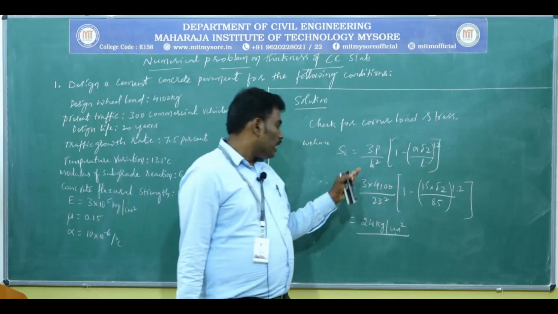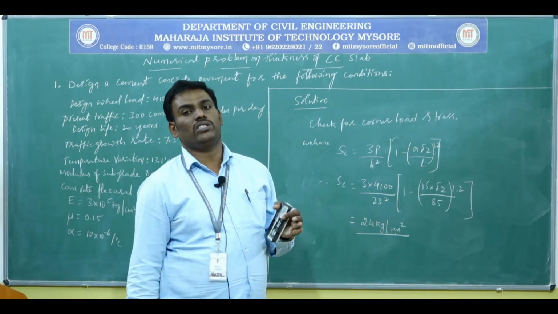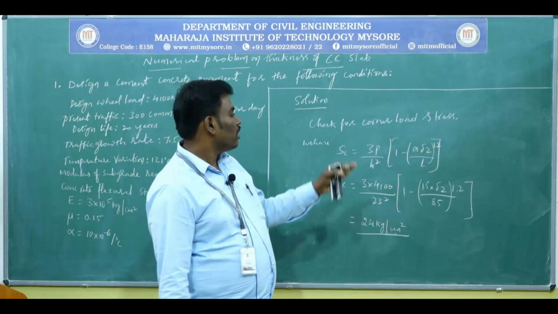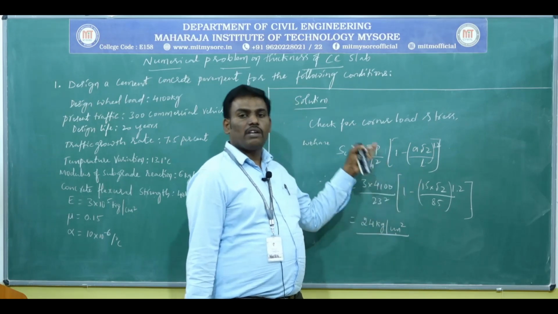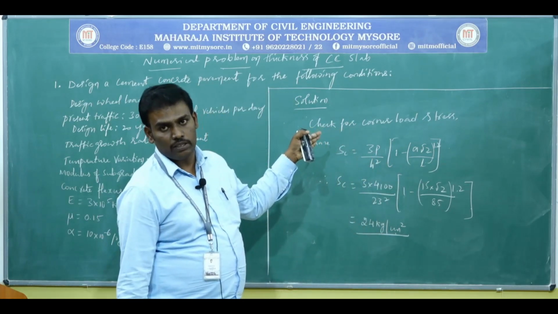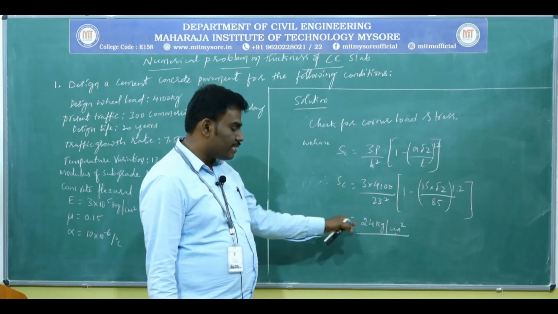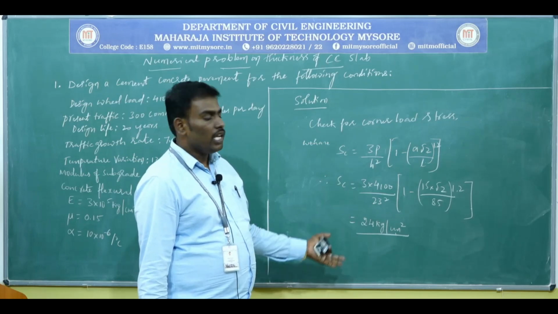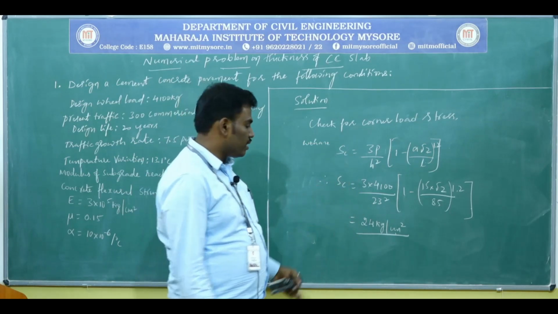The corner load stress should be less than the flexural strength of concrete, then only your selected thickness of 23 centimeter is safe for corner load stress also. Since the corner load stress you obtained is less than 40 kg per centimeter square, your selected thickness of 23 centimeter is also safe with the corner load stress.